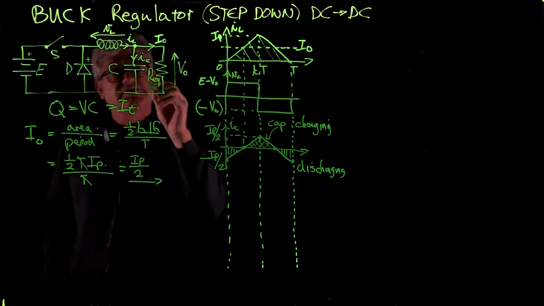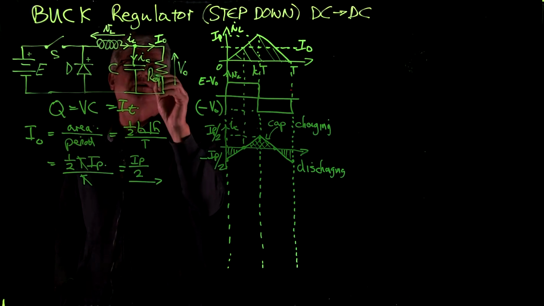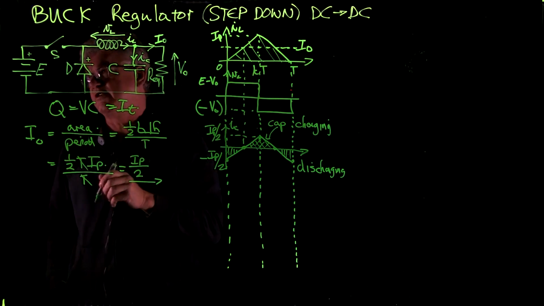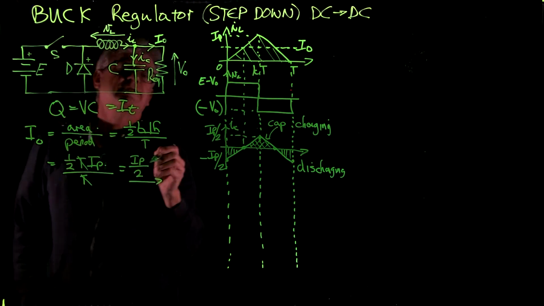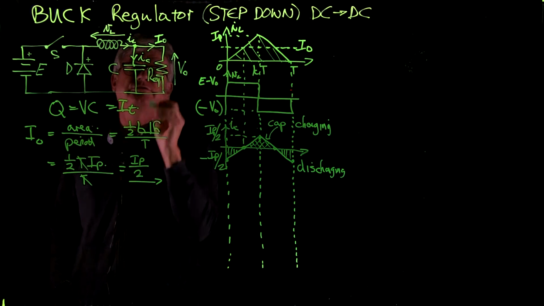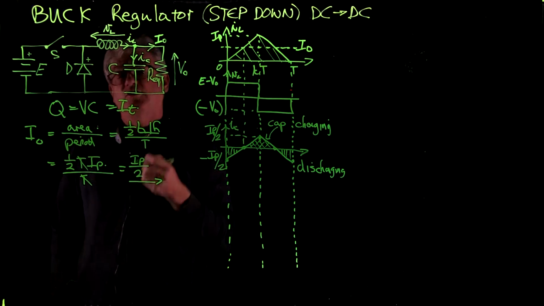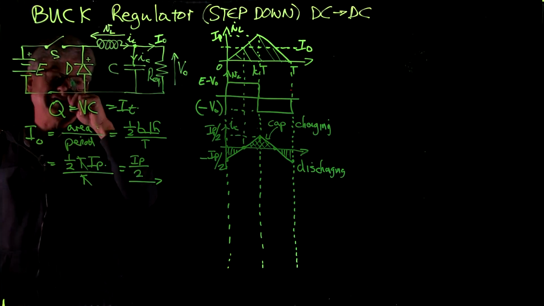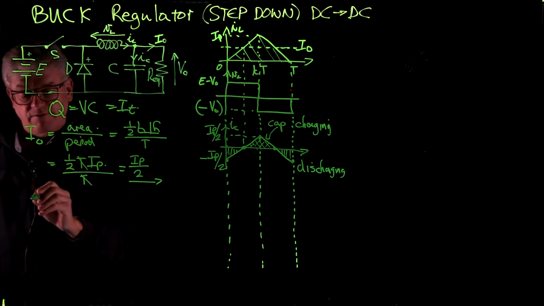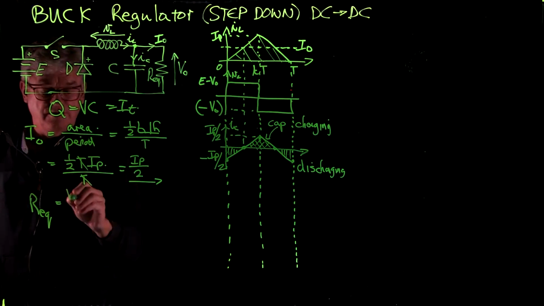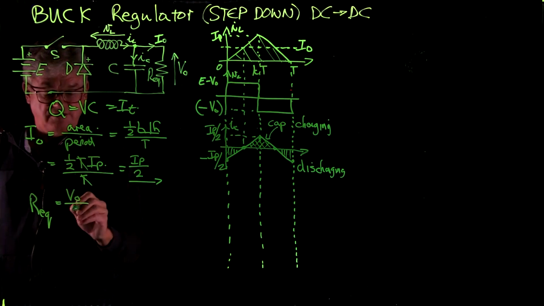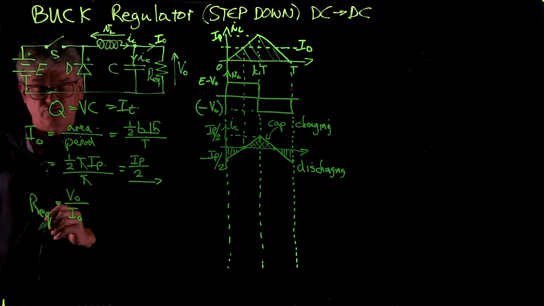Now let's look at this R. This R usually represents the load. Now the load is not necessarily resistive, but in order for us to determine an equivalent resistance that will give us the same conditions, we can say that R equivalent is equal to V out divided by I out.